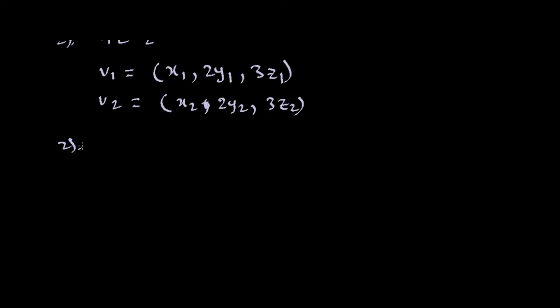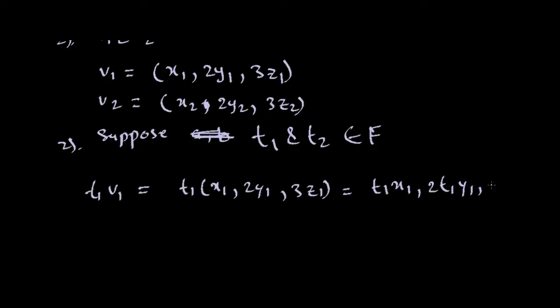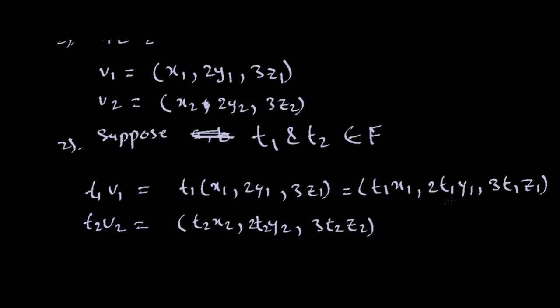After that, let's suppose the elements of F, we are taking A and B, or let's say that T1 and T2 are elements of F. Then T1 into V1 will equal T1 x1, 2 into T1 y1, 3 into T1 z1. Similarly, T2 V2 will be equal to the same form.